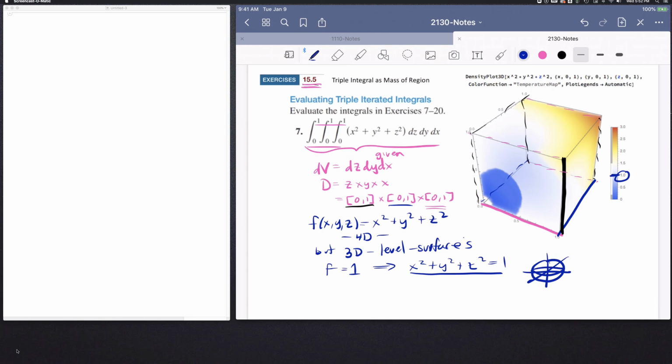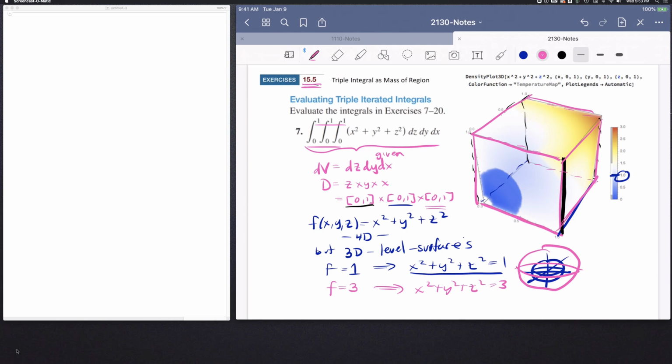If we move to different values of the function, maybe function equal to 3, then we would see x squared plus y squared plus z squared is equal to 3, and we would see a sphere of larger radius.